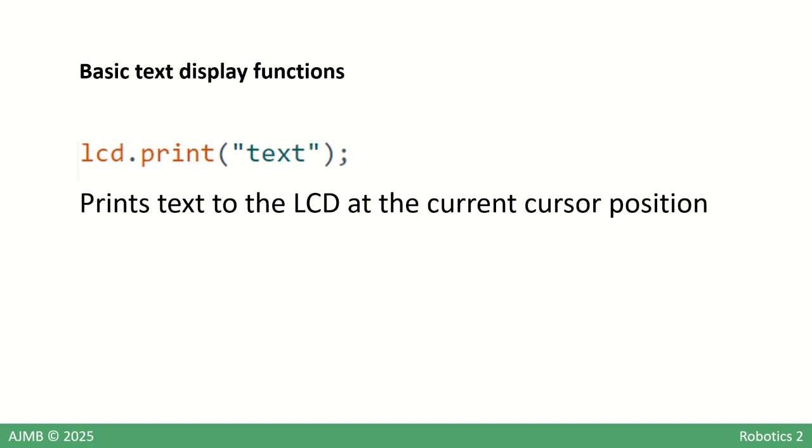Take note that if the characters inside the parentheses are longer than 16 characters, it will be truncated. That means not the whole text will appear since it exceeds the width of the LCD screen. Remember that you only have a 16 by 2 LCD screen in the laboratory.